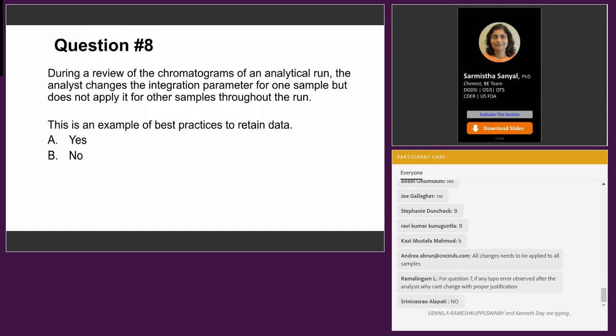And there should be a protocol or SOP that states when you can manually integrate a chromatogram or a peak, and that should be followed. And if it is changed, there also should be documentation available to show that.